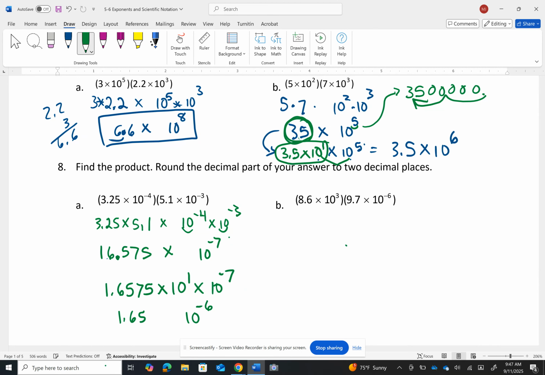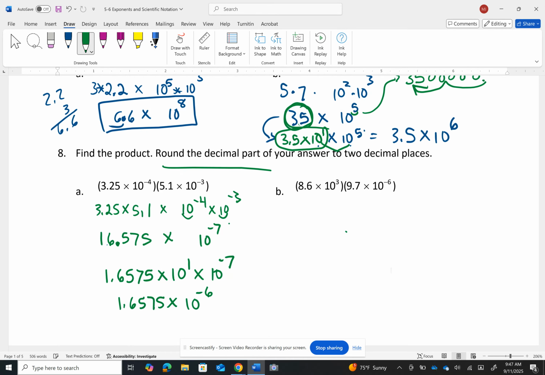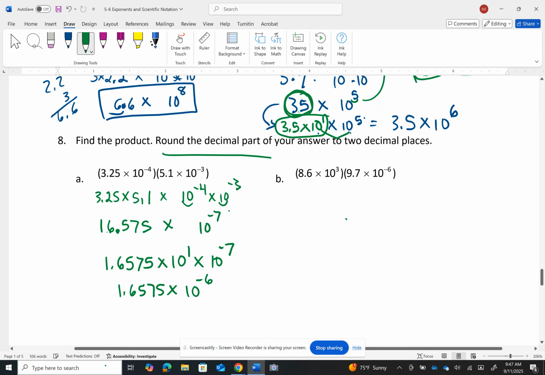Now we're in scientific notation. Now this one did say round the decimal part to 2 decimal places, so once I get it finished, I'm going to go to 2 decimal places. It has a 7 after it, so I'm going to bump that up to 1.66 times 10 to the negative 6 power. Okay, and I've rounded, so it's approximately that.